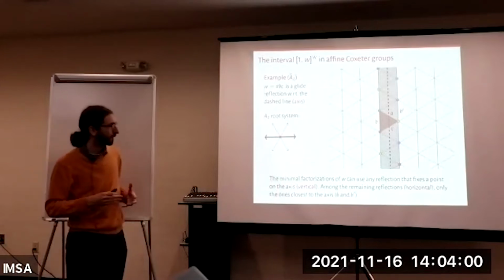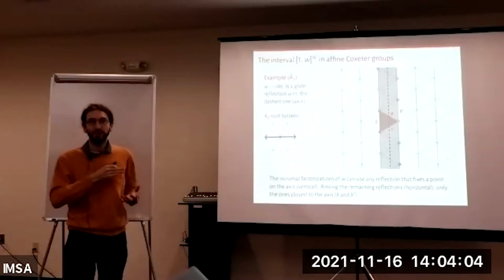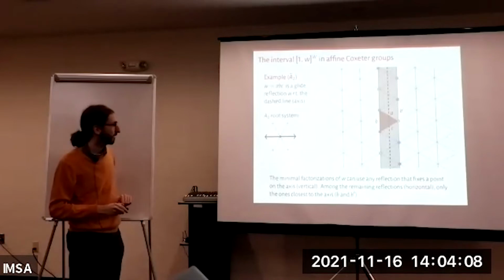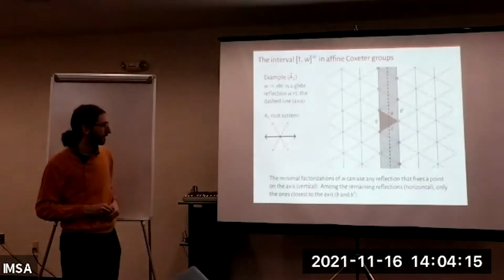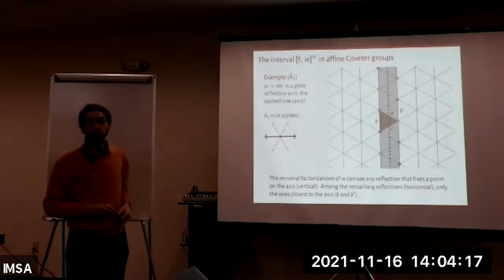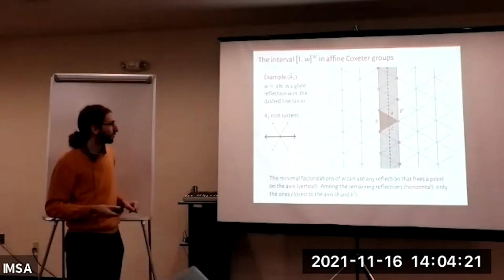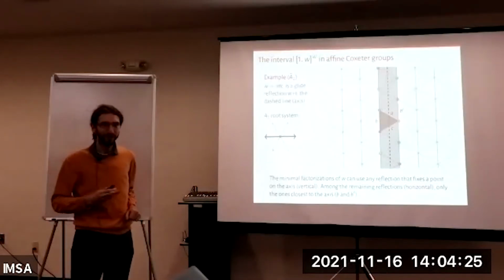So this motivates giving a name to these 2 different types of reflections that we have. The ones that cross the axis, we call them vertical, and the ones that do not cross, we call them horizontal. Bear with me. So why should the vertical ones be called horizontal?